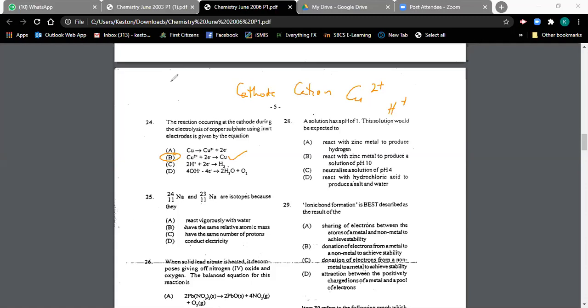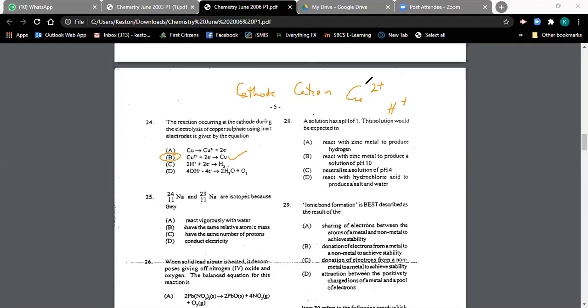When we're talking reactivity of metals, the metal that is higher in the reactivity series will displace another one that is lower. But when we're talking about preferential discharge, it's the same set of elements, we're just using different words to describe them. The lower it is in the electrochemical series, the more likely it is to be discharged. And copper is below hydrogen, so that's why B is your correct answer.